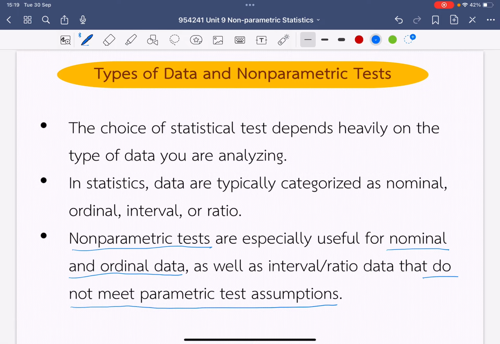If they fail to meet the parametric test assumptions, then you can use a non-parametric test. But if the interval or ratio data meet the assumptions for parametric, then you go for parametric. That's better.